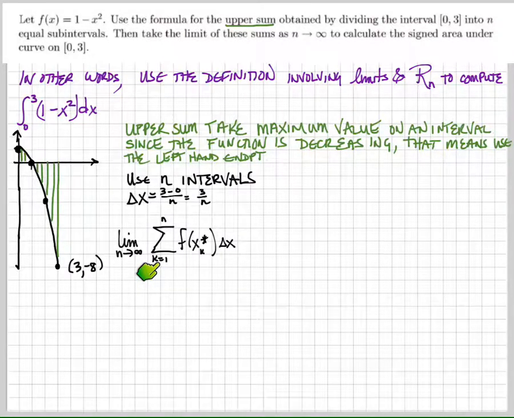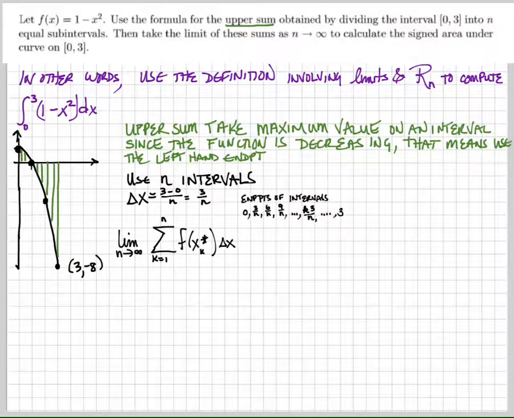That's the sum as k goes from 1 to n of the function evaluated at, in this case, the maximum value on the kth interval times delta x. The maximum value occurs on the left-hand endpoint, so it will be 0, 3 over n, 6 over n, 9 over n, and so on.